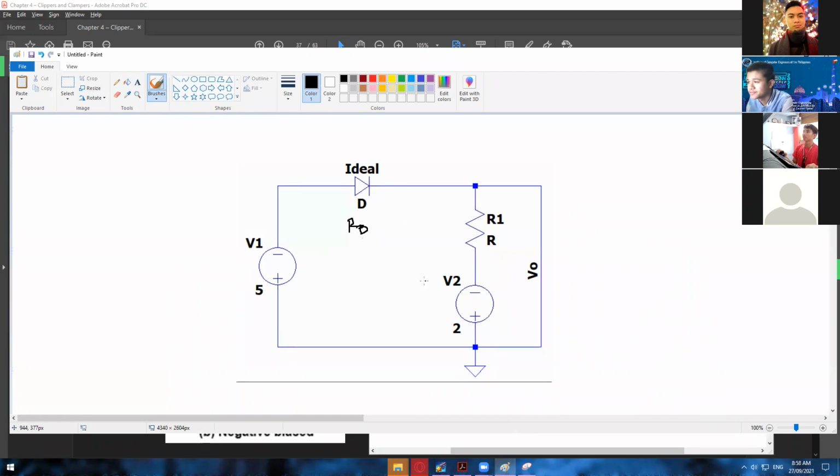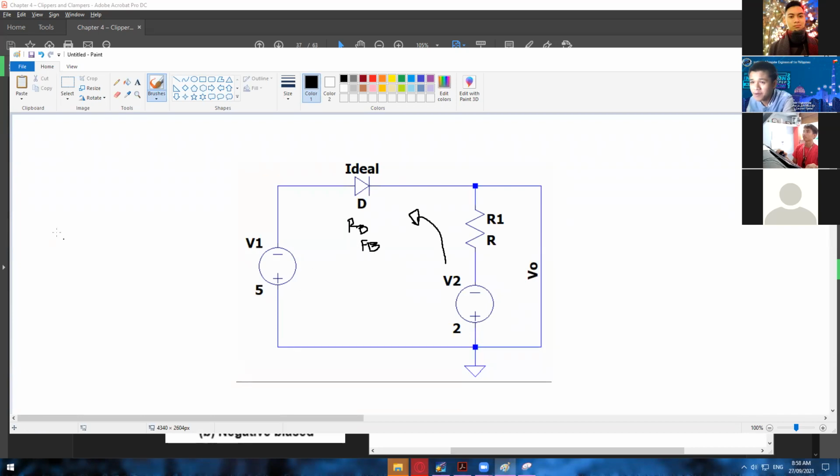It won't affect the value of our VO since we have a reverse bias connection on this left side. But on the right side, this diode and this bias voltage, we have a negative to negative and positive to positive. As a result, we have this flow of current right here, which will make this diode forward biased.